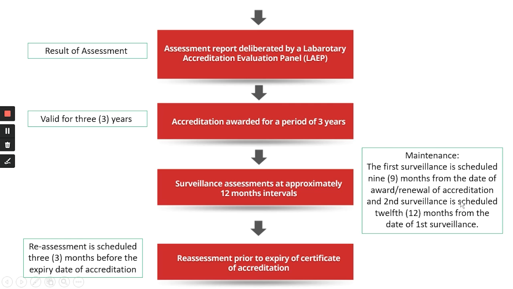And then the second surveillance is scheduled 1 year after that. And last, 3 months before the expiry date of accreditation, we must be reassessed by the Department of Standards Malaysia. These are all the procedures to keep us on track and maintain the quality assurance.